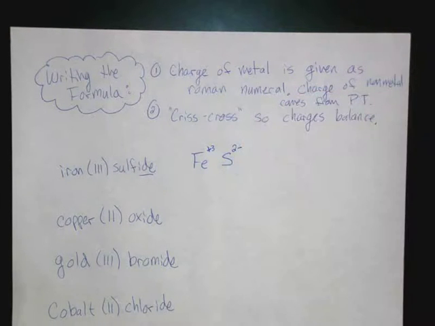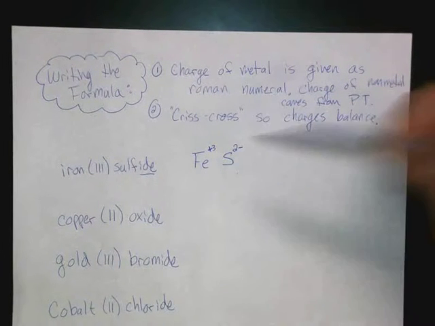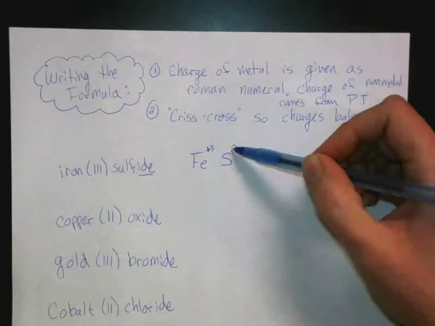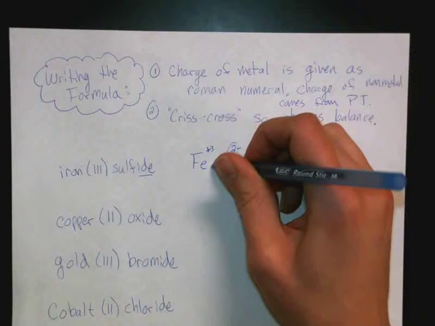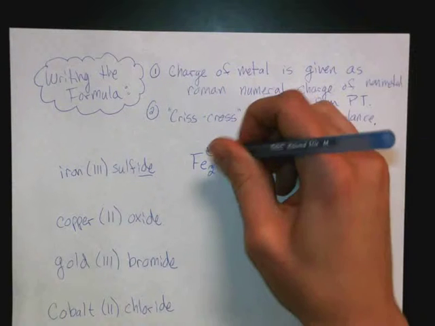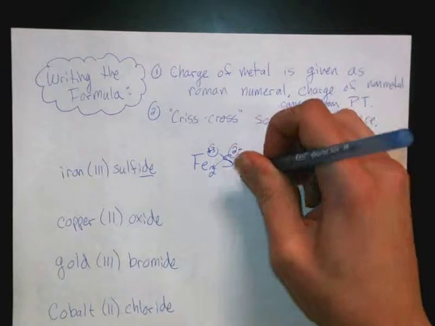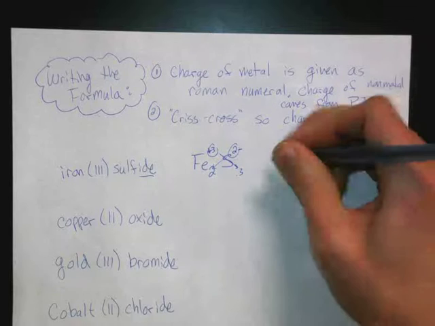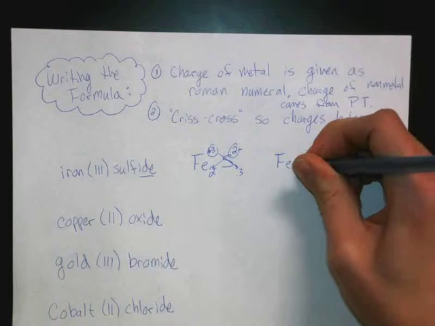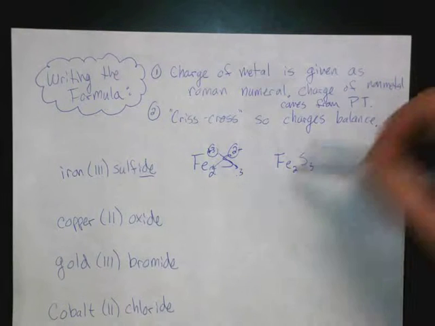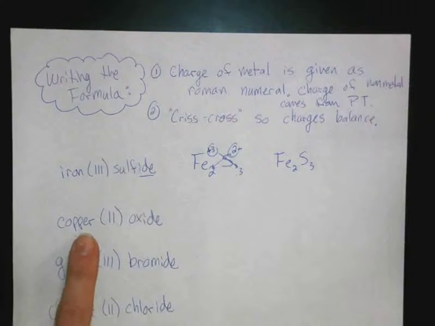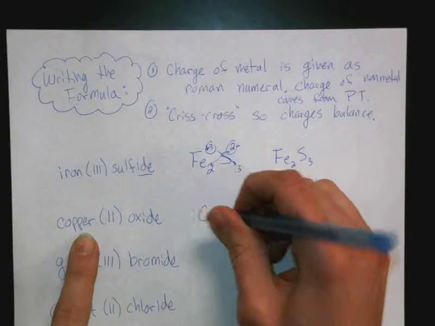And sulfur on the periodic table has a charge of 2-. So I've got a 3+ and a 2-. I just need to crisscross my charges to make these equal. So the 2 is going to come down here, and the 3 is going to come down here. Let me pretty that up a little. It would look like Fe2S3. Iron 3 sulfide is Fe2S3.